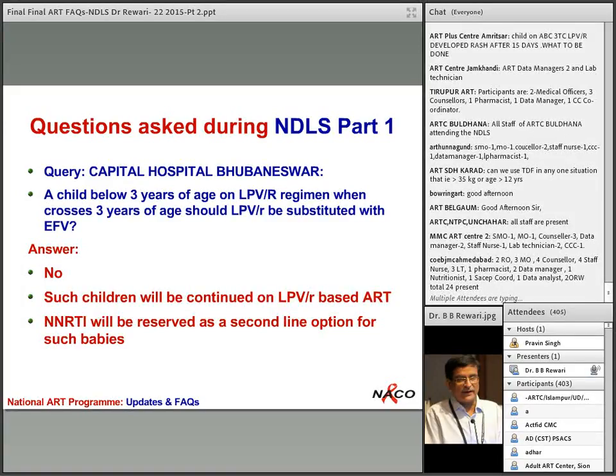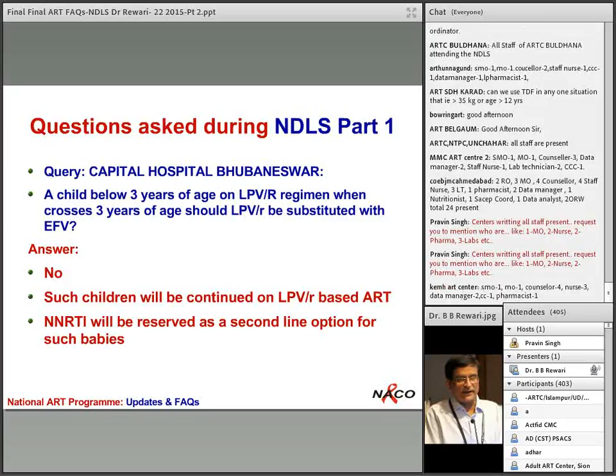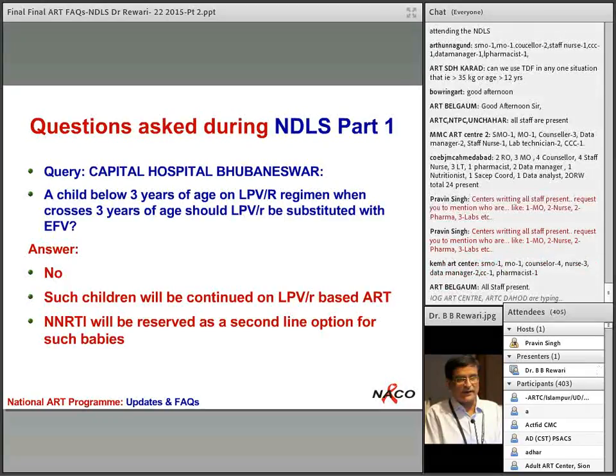You continue on the first line regimen, whatever regimen has been initiated. By definition, the second line regimen is the regimen the patient is substituted with in case he fails on the first regimen. So in these children, the lopinavir ritonavir based regimen is the first regimen, he will continue on the same, and NRTI will be reserved as the second line option for such children.